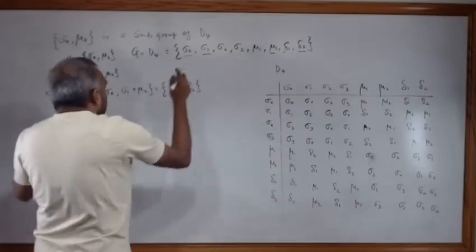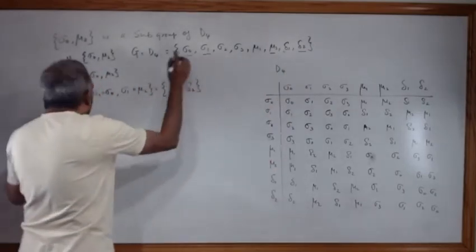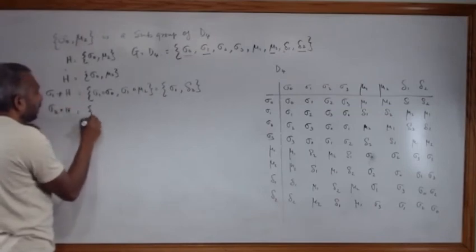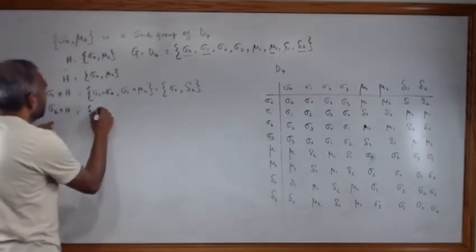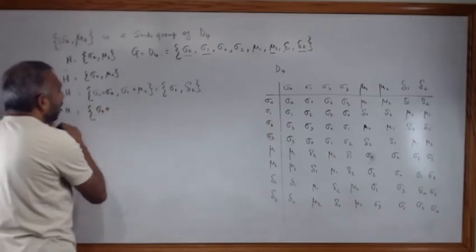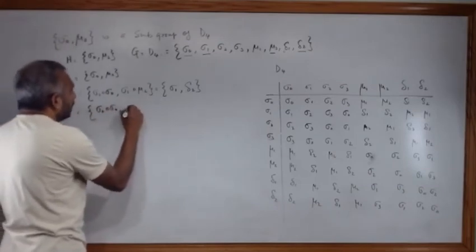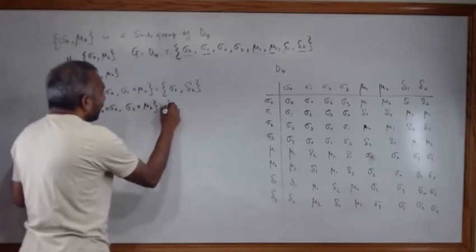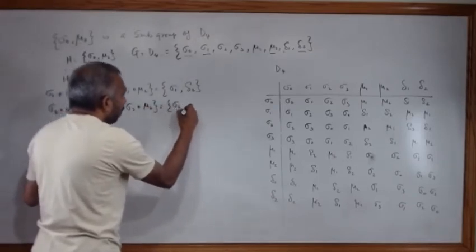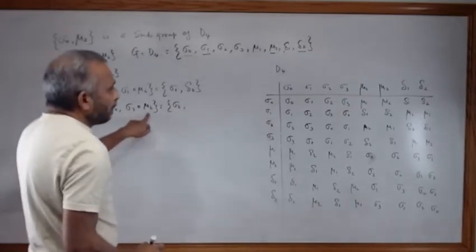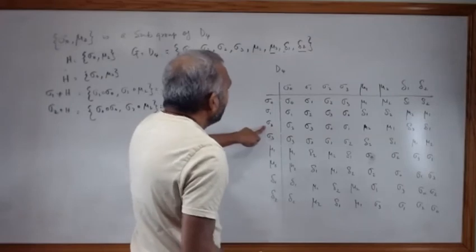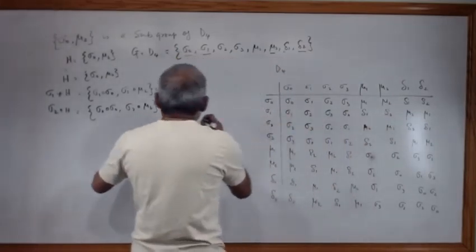So let us take sigma 2. So sigma 2 plus H is equal to sigma 2 after sigma 0, sigma 2 after mu 2. And that is equal to sigma 2, comma, sigma 2 after mu 2. Sigma 2 after mu 2 is mu 1.